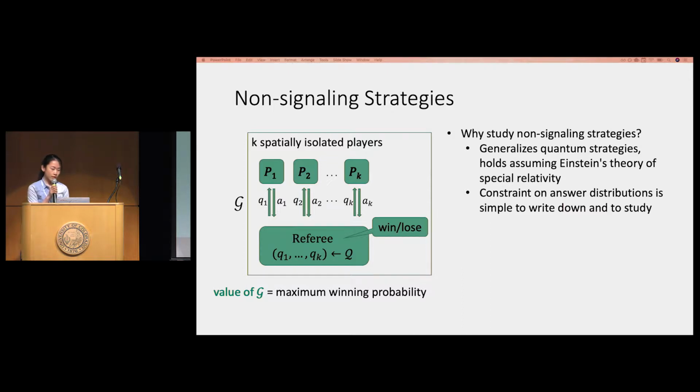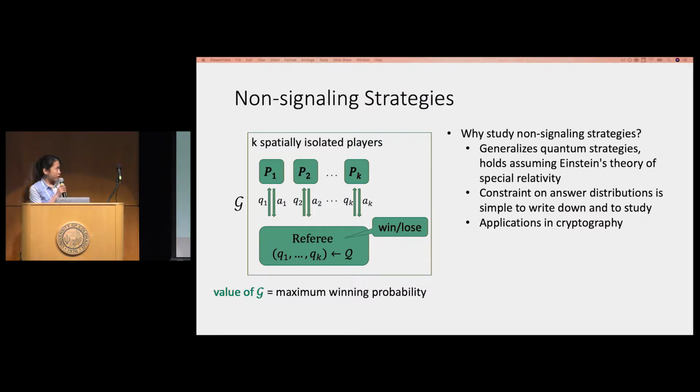It's easy to write down this definition on just the answer distributions, whereas capturing quantum strategies can be a lot more complicated, since you have to capture what it means for players to share an entangled state. And lastly, there are some applications in cryptography, namely, if you're familiar with fully homomorphic encryption, non-signaling strategies capture the computations that can be performed on ciphertexts which are encrypted under different secret keys.